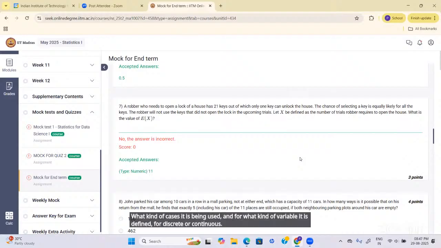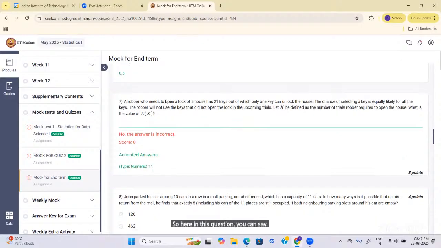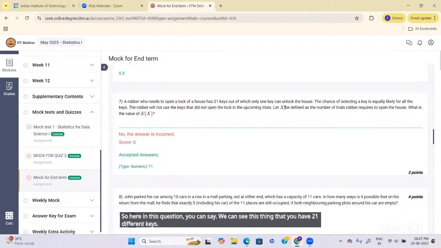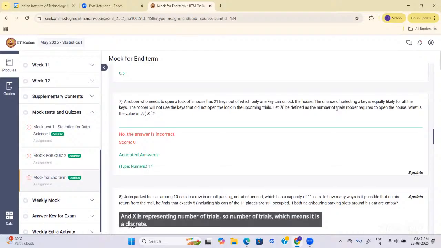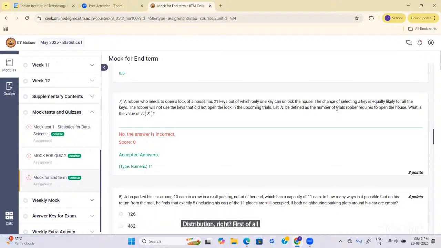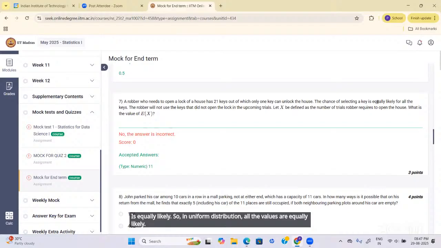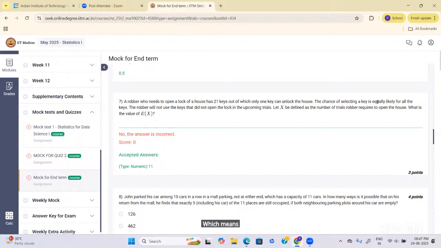So in this question, you can see that you have 21 different keys, and X is representing the number of trials. Number of trials means it is a discrete distribution, right? First of all, it is a discrete random variable. Next, it is given that the chance of selecting a key is equally likely. In a uniform distribution, all the values are equally likely, which means every value has the same probability.